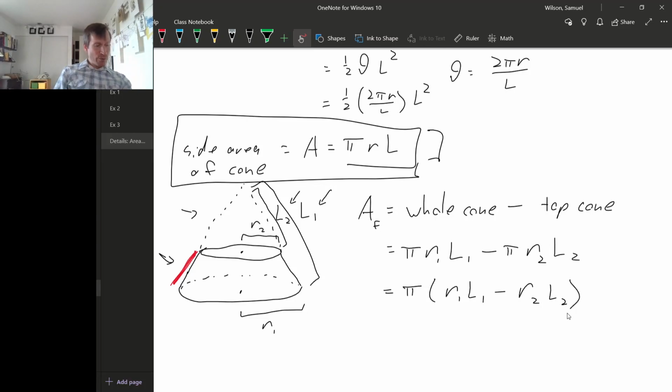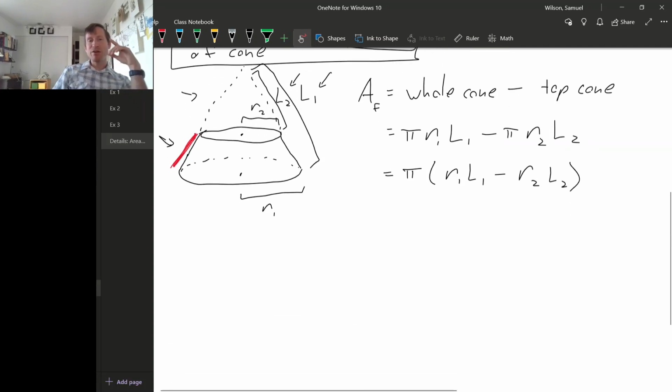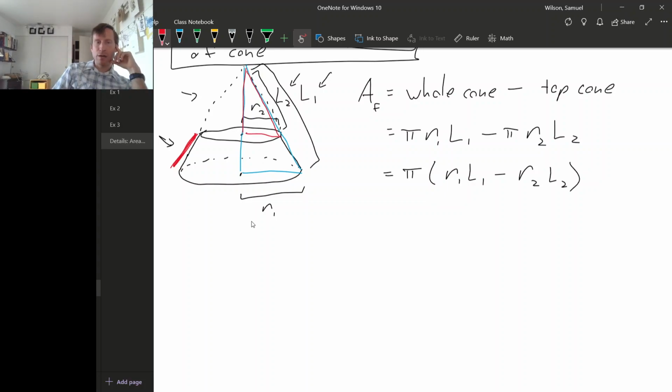Okay, so the way that we're going to do this is with a little bit of trickery, and it's going to involve some similar triangles. So if you look at this cone, there are some similar triangles right here. Right, so there's that big blue triangle and this small red triangle. And so we can use similar triangles to relate the R's and the L's.